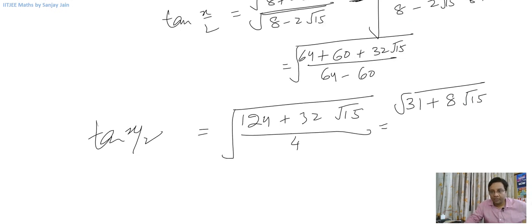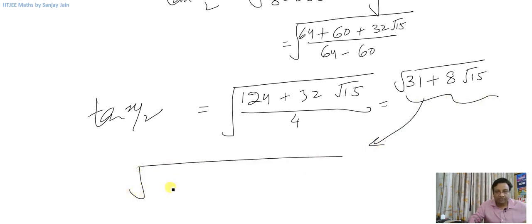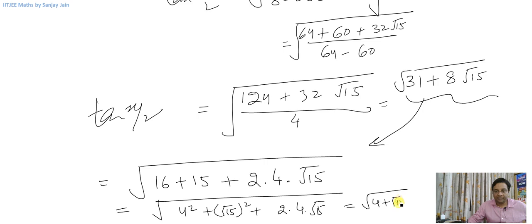Now I noticed something about this expression here. If you write 31 as 16 plus 15, and 8 root 15 as 2 into 4 into root 15, then you will notice that this is nothing but 4 squared plus root 15 squared plus 2 into 4 into root 15, and this can be written as 4 plus root 15 whole squared, which under the square root is nothing but 4 plus root 15.